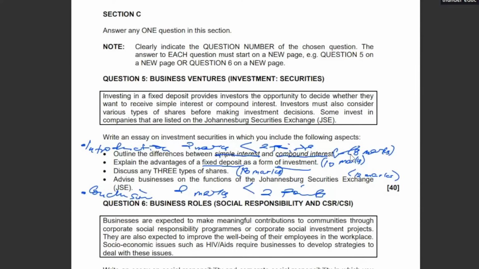That is point number 3. Point number 4, plans, researches, and advises on investment possibilities. It plans, researches, and advises investors, or even those who are selling shares, on investment possibilities.